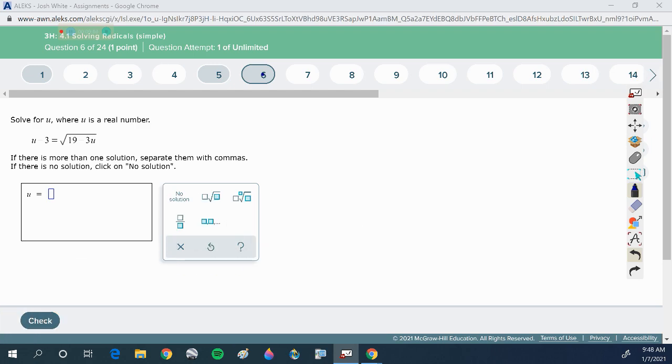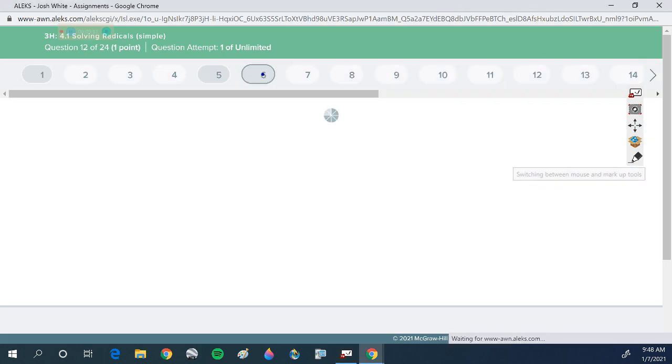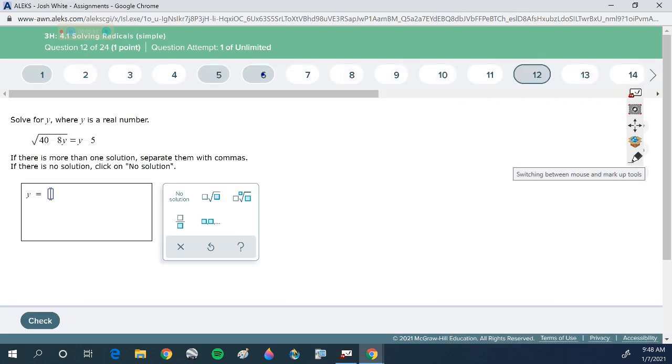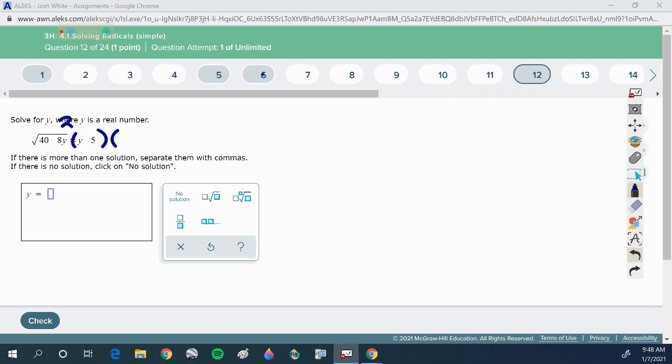What would that be? Number 12? Okay, same idea here. Square both sides. And over here, I'm just going to write y minus 5 twice. The left side turns into 40 minus 8y because the square root and the squared cancel each other. And then this one is going to be y squared.